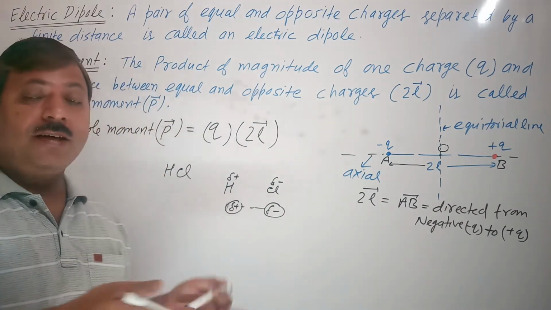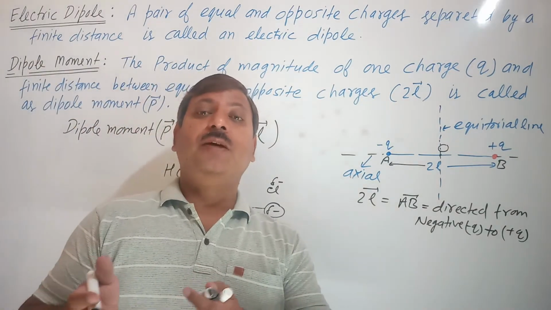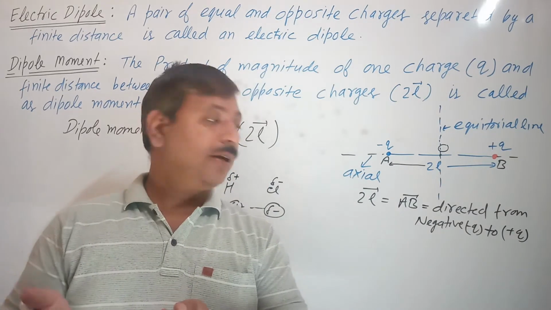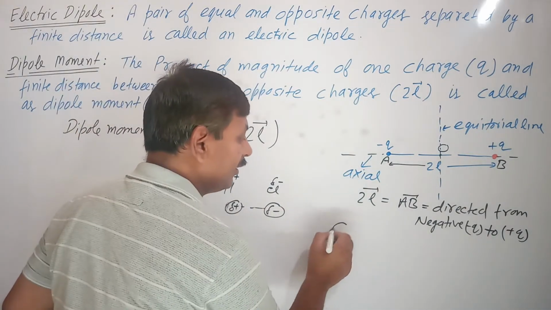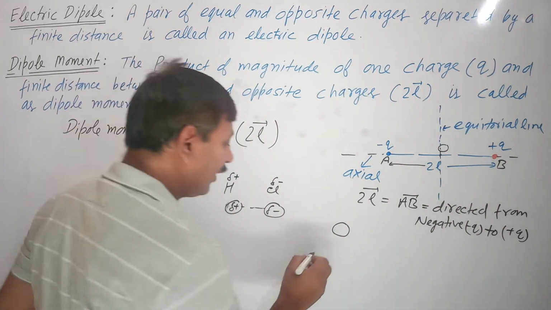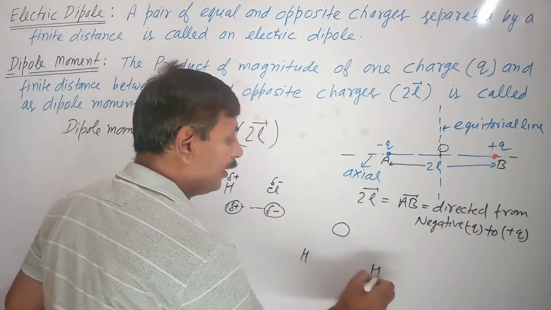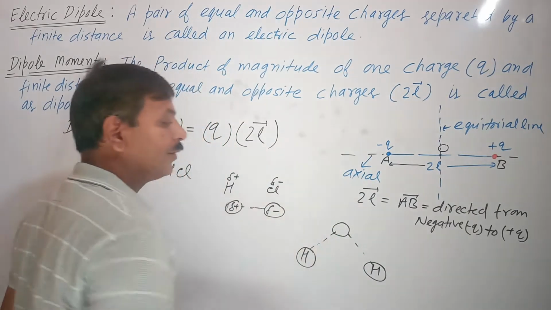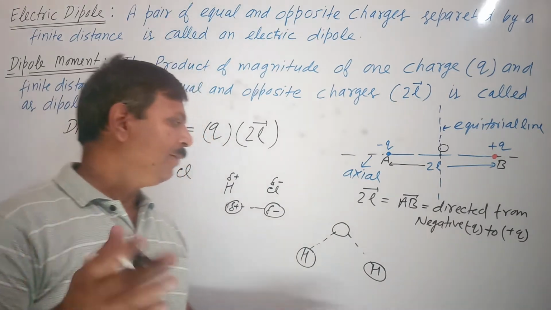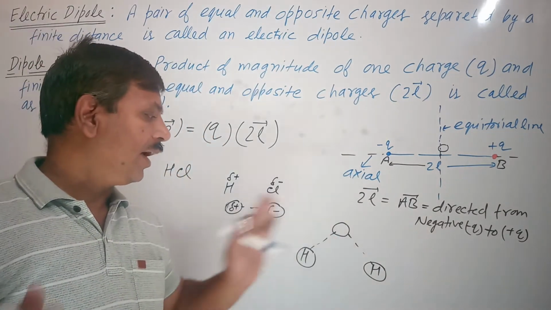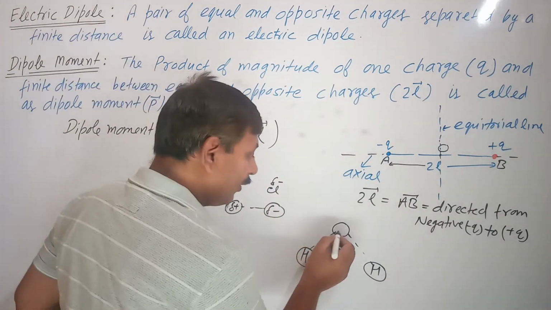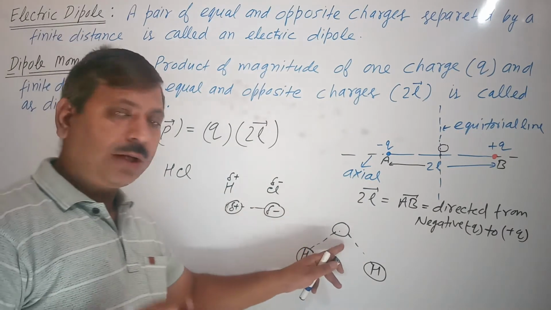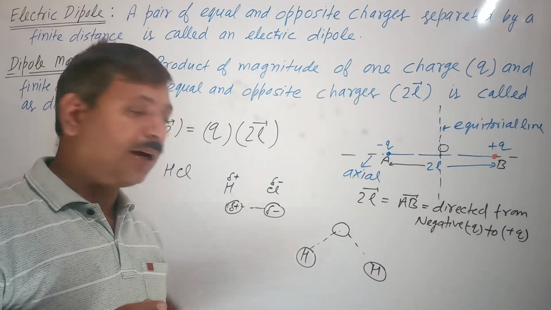Okay, similarly we can see H2O. If we look at water, the water molecules are not linear. The angle between the two hydrogens and the oxygen, the OH bonds, is about 104 to 105 degrees. So they are not linear, and the electronegativity of oxygen is more than hydrogen.